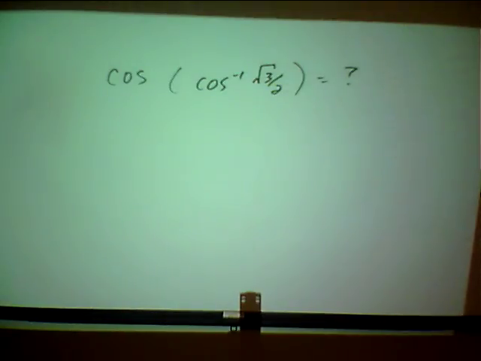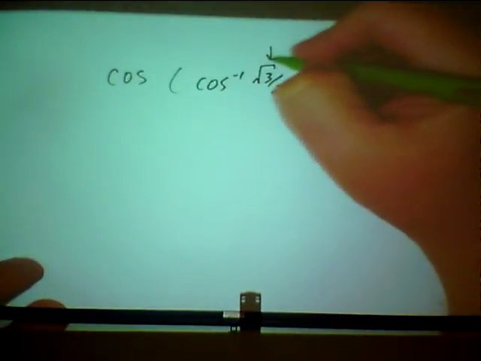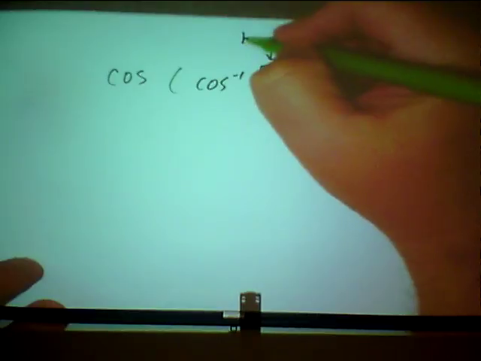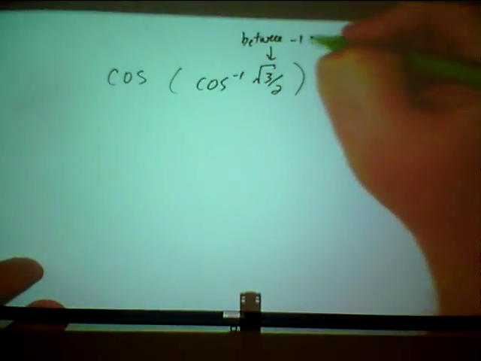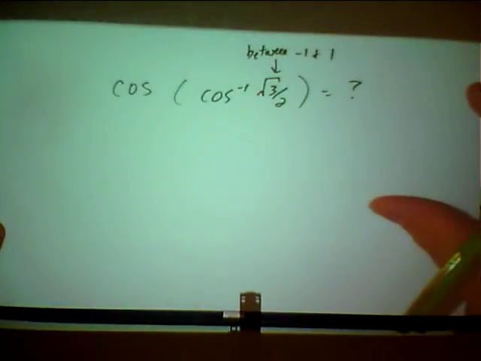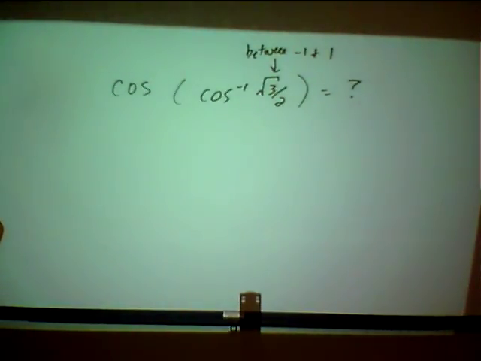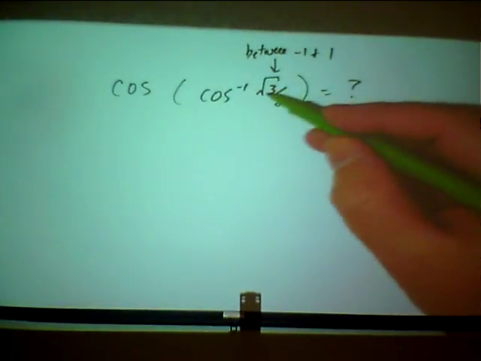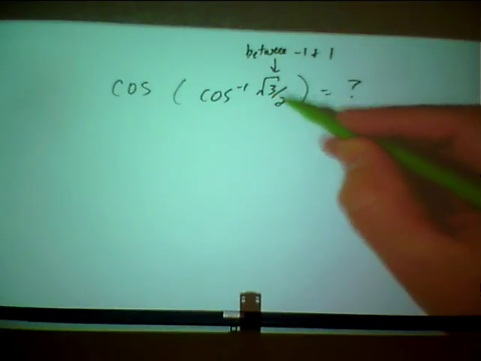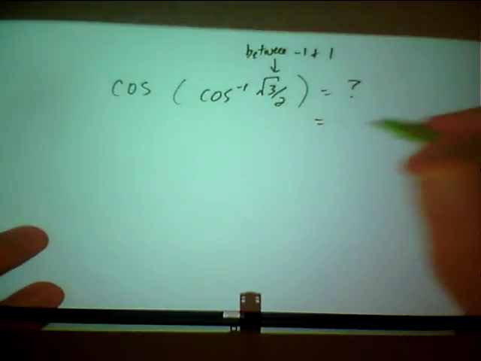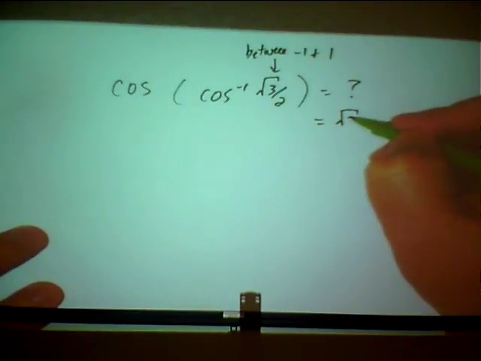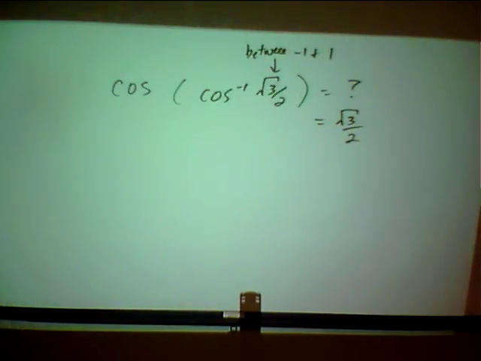For this condition, if this thing is between -1 and 1, then it's the pass-through. And this actually is less than 1. So I can simply say this equals square root of 3 over 2.